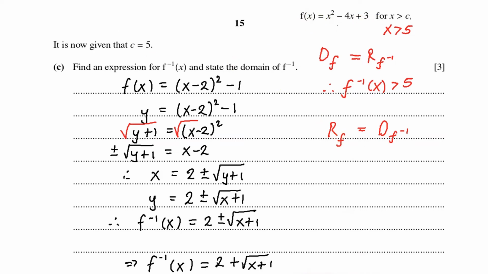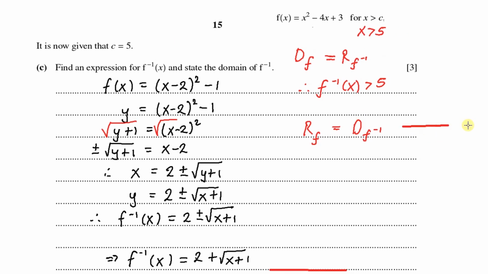Now we know for certain that the graph of the function f is a U-shaped parabola, and we have the minimum point at (2, minus 1), but now the domain is x is greater than 5, which means 5 can be a point somewhere around here. So because of this domain restriction, the other part of the graph is no longer defined. So the graph is only defined when x is greater than 5.